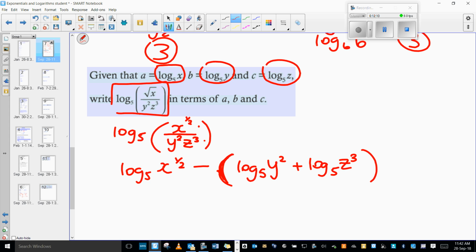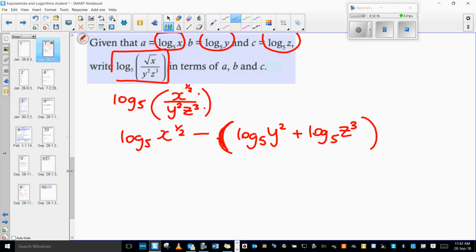Both are correct, but I prefer this one because they're on the bottom being multiplied. Now it's at this stage you can start dealing with your powers. So now my half would come in front, and my 2 would come in front, and my 3 would come in front.